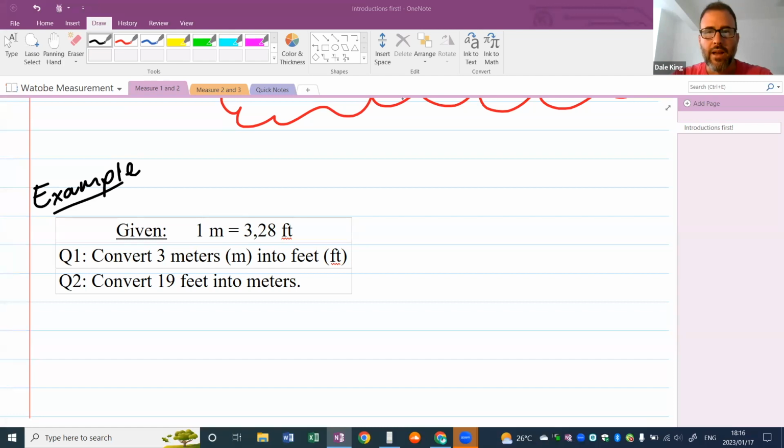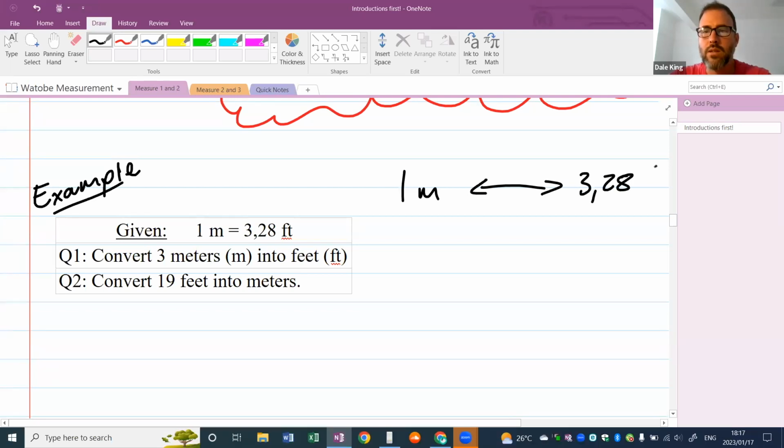Okay. Now, another way to think of it is like this. There's a relationship between the meters and the feet. And when I say the word relationship, we can often use the word ratio to explain that relationship. But let's not even get that fancy. Let's just say 1 meter has a relationship with 3,28 feet.